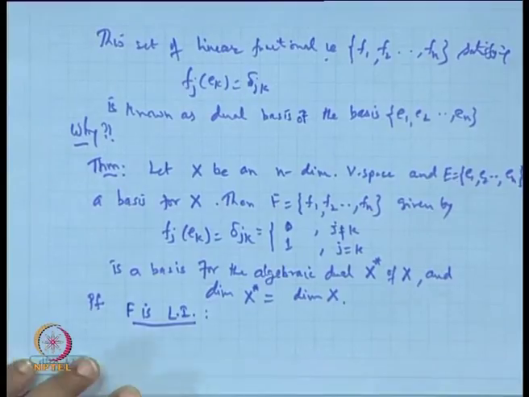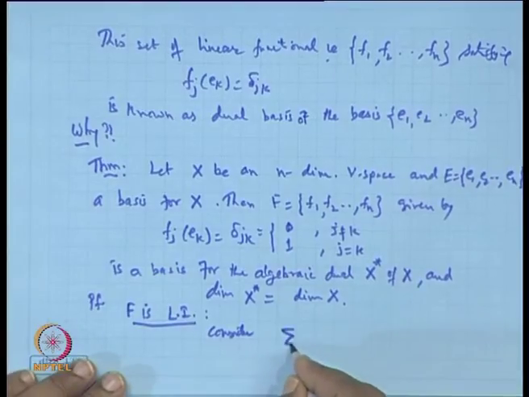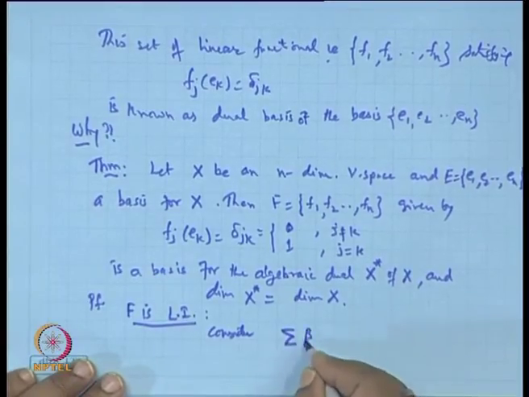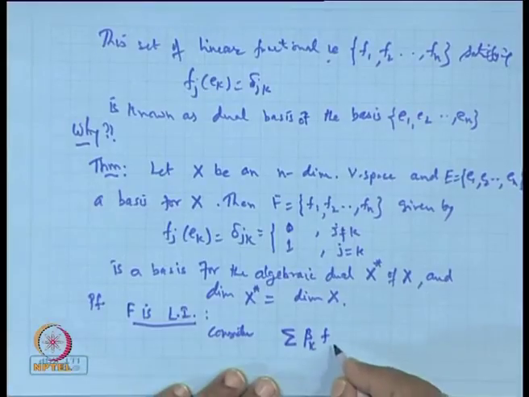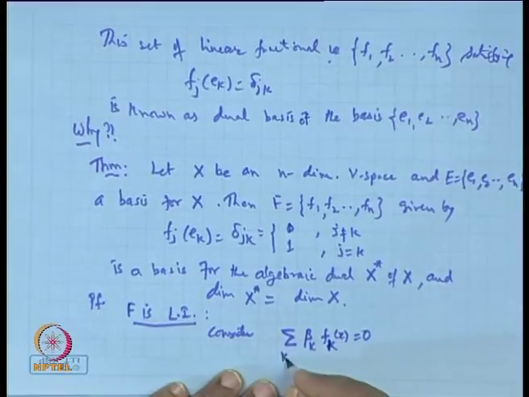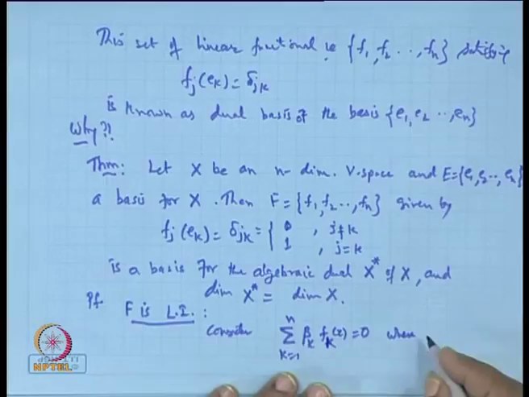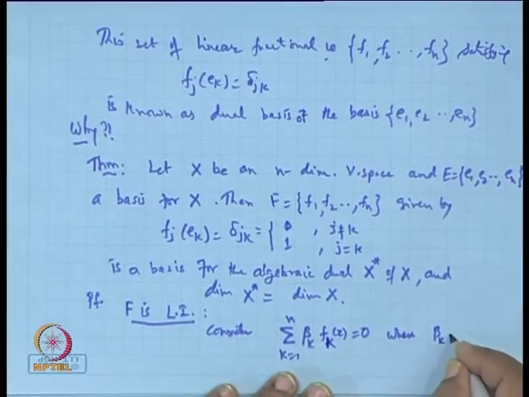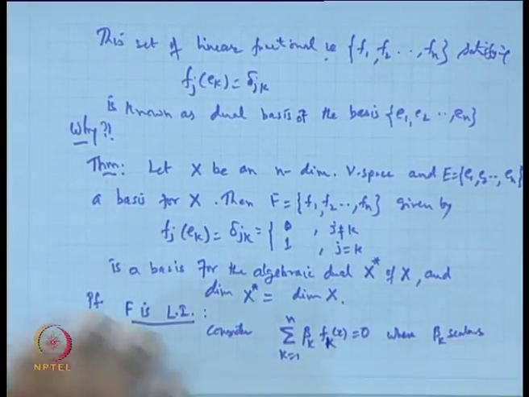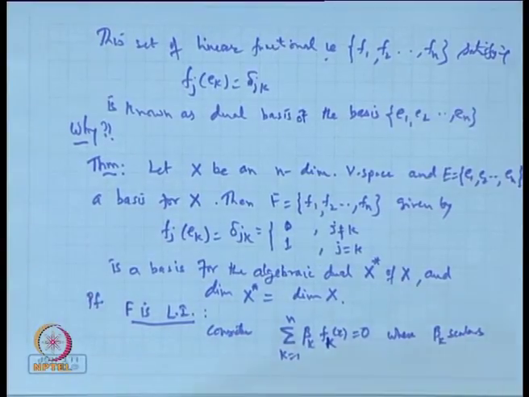So, let us consider this expression: sigma beta k f k x equal to 0, k equal to 1 to n, where beta k are scalars, and f k are defined like this, and x is an element of capital X.